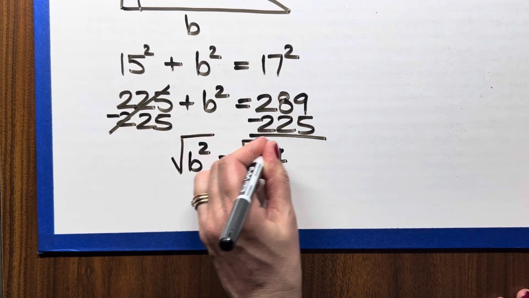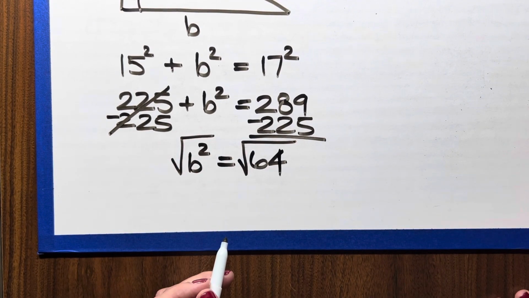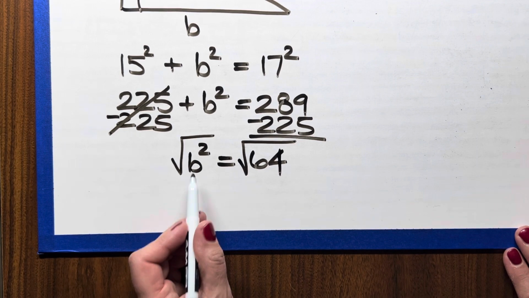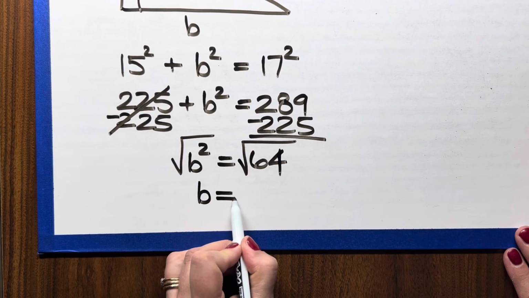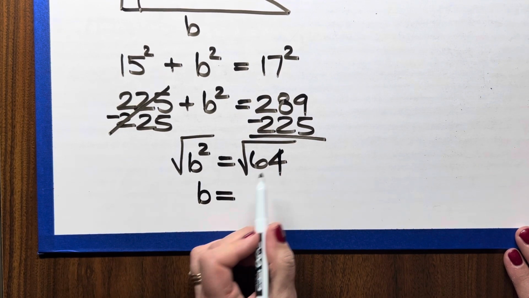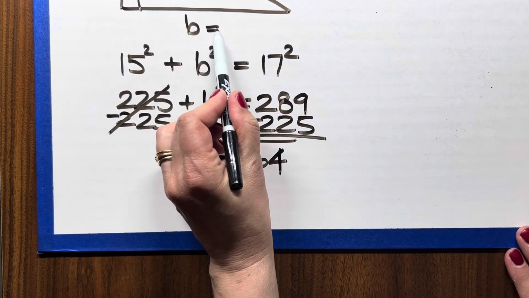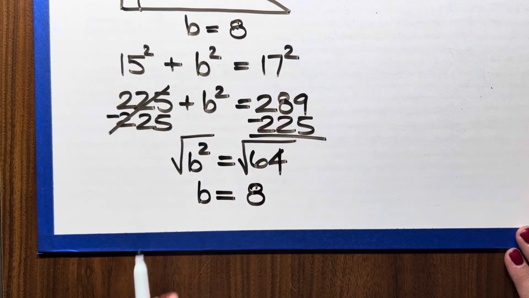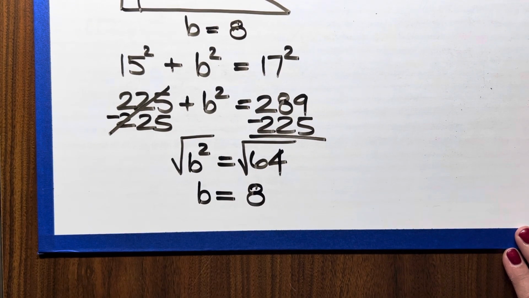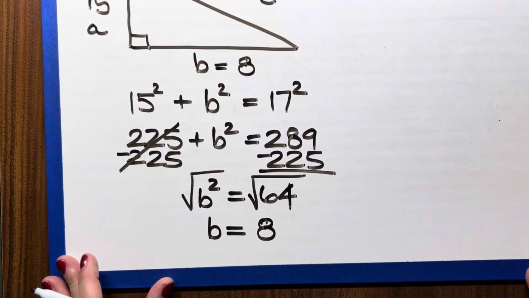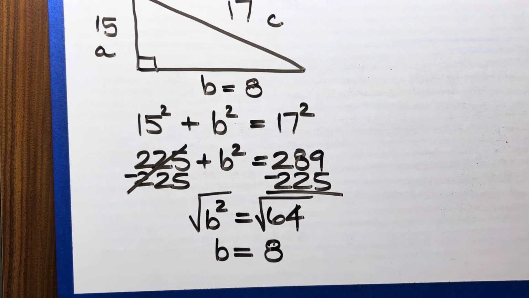I've got to take the square root of both sides. So the square root of b squared is just b, and the square root of 64 is 8. So that tells me that the length of my other side, that's a leg of my right triangle, is 8. And those are a few examples of how you can solve for missing parts of a right triangle using the Pythagorean theorem.